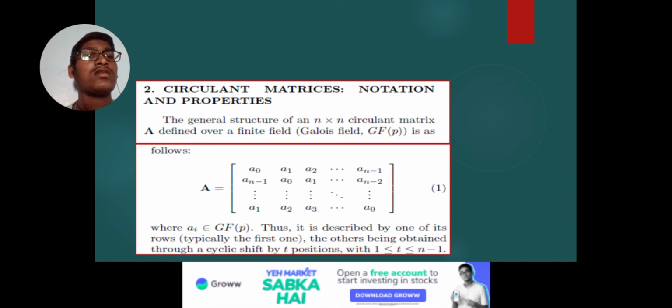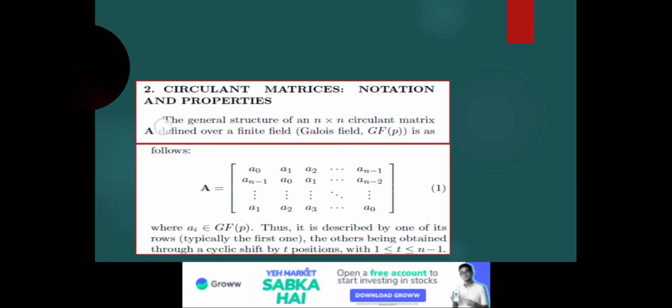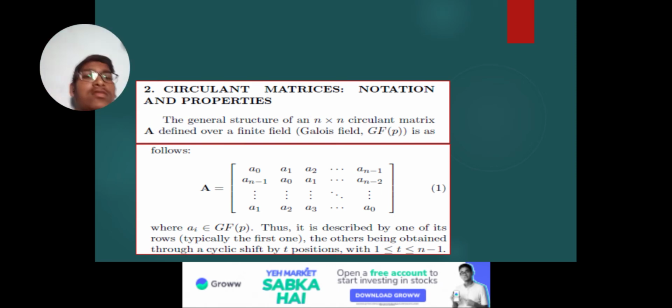The general structure of an n circulant matrix A defined over a finite field, Galois field GF(p), is as follows: A equals a0 a1 a2 and so on to a(n-1), then a(n-1) a0 a1 and so on to a(n-2), and so on, up to a1 a2 a3 and so on a0. This is considered the first equation, where ai belongs to GF(p), Galois field of p.